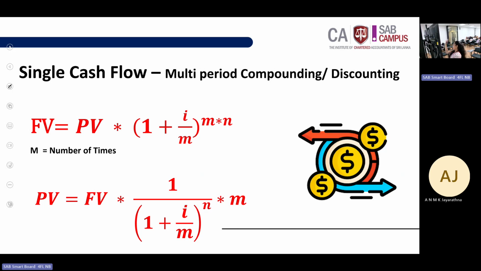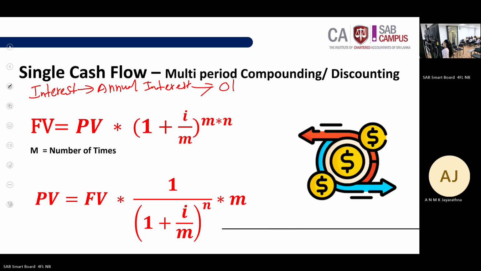For example, previously what we did, annual interest. Annual interest means how many times you receive interest? One, right?